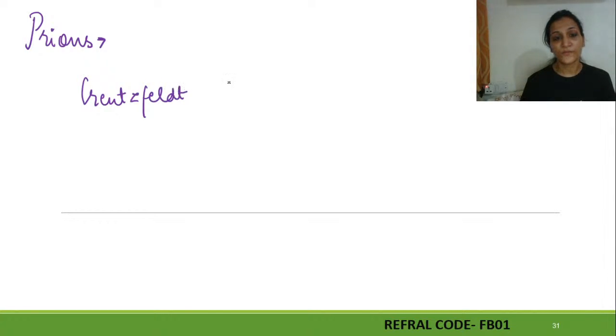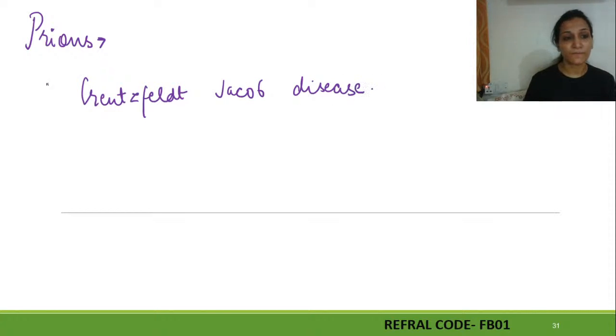So let us see what are the diseases which are associated with prions. Creutzfeldt-Jakob disease is because of the prion accumulation. Then GSS disease is because of prion accumulation.